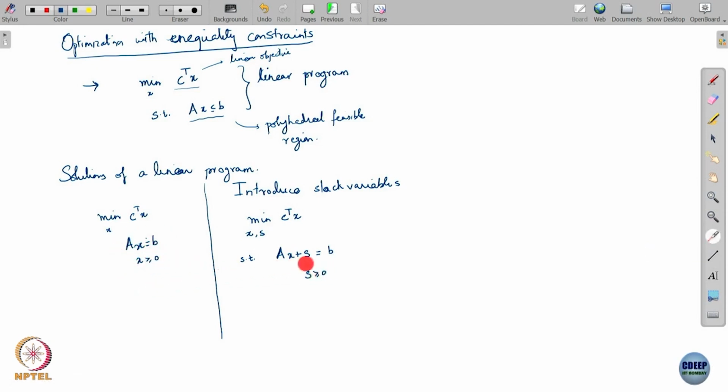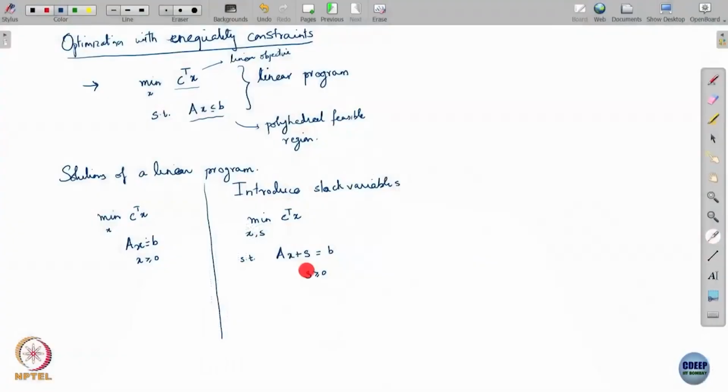What is the difference in the form of these two problems? Remember the role of x in the problem on the left hand side. It is the decision variable, representing all the decision variables together, and all of them are required to be greater than or equal to 0. Whereas in the problem on the right hand side, the decision variables comprise both x and s, but only the s component is required to be greater than or equal to 0.